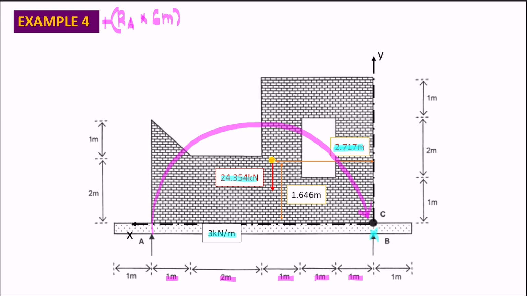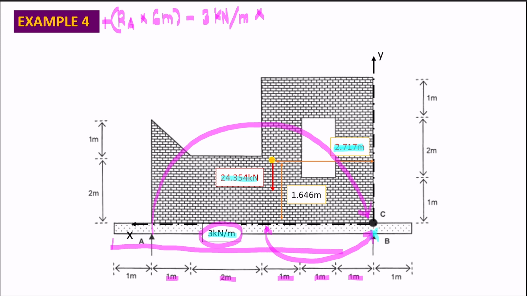Next, we have the load from the beam, which is 3 kN for every meter. This is counterclockwise, meaning dia akan jadi negative, and we have to times with the length of the beam. Tapi kita kena tengok yang mana yang arah lawan jam sahaja.